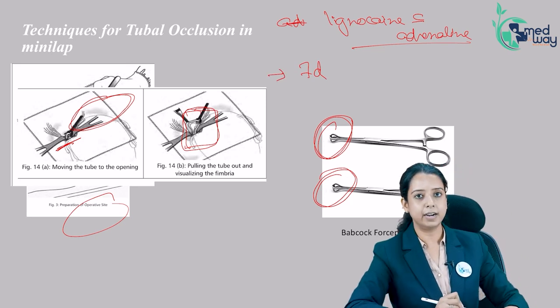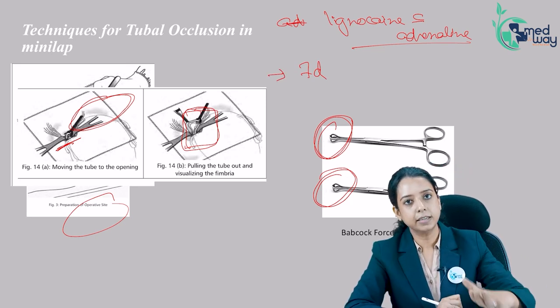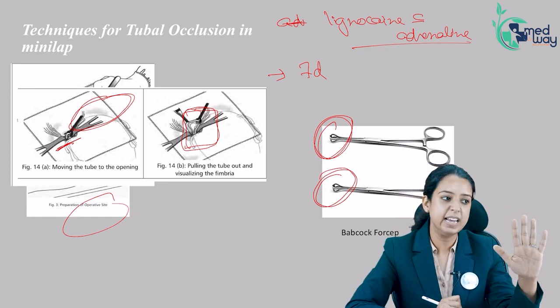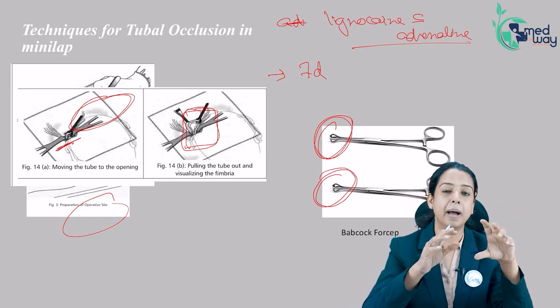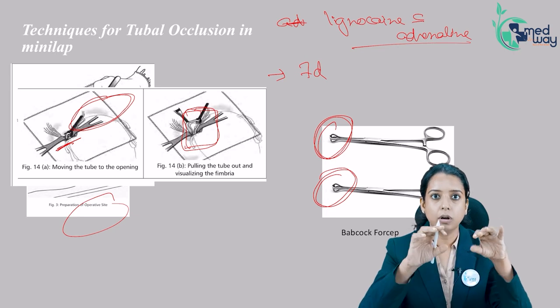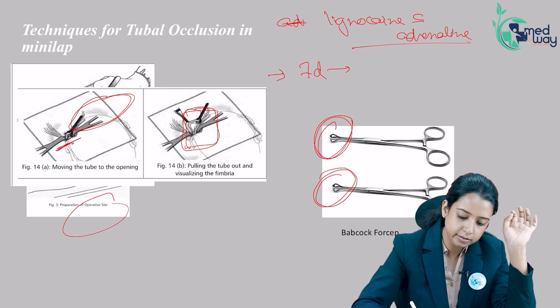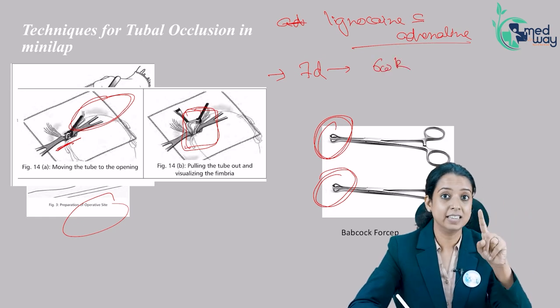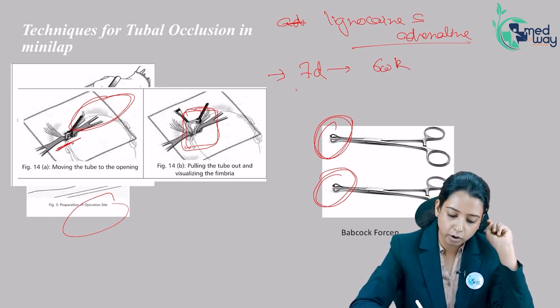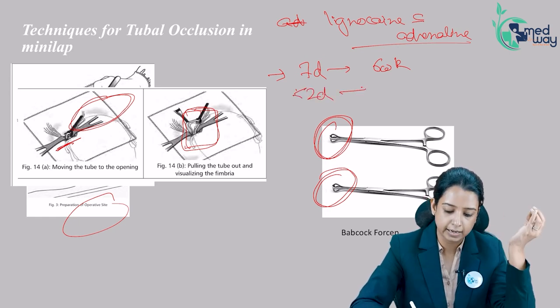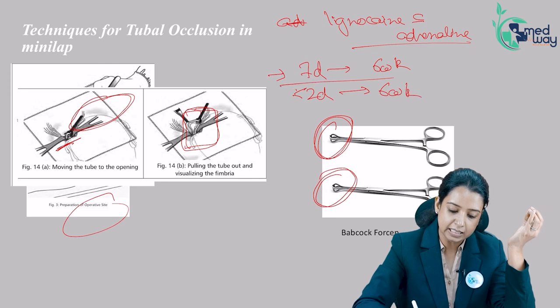Within 7 days, the tubes are in the abdomen. After 7 days, they start going into the pelvis. It is very close to the pelvis and it has high bacterial content at that time. So after 7 days, you will not do mini laparotomy. You have to wait for 6 weeks. Just like for IUCD, you do it within 2 days, and if these 2 days are missed, wait for 6 weeks. Same with mini lap.